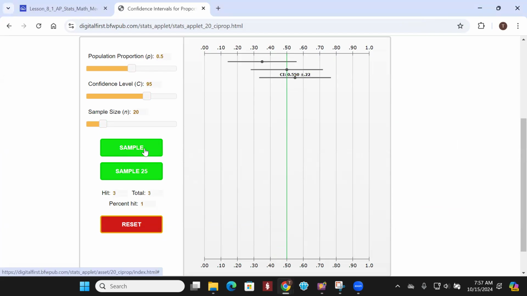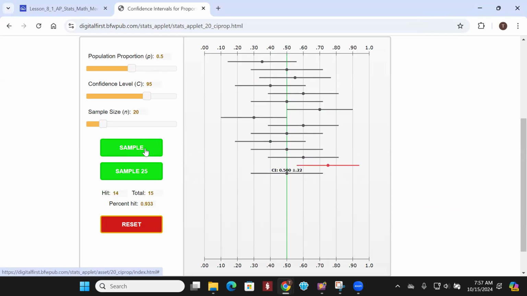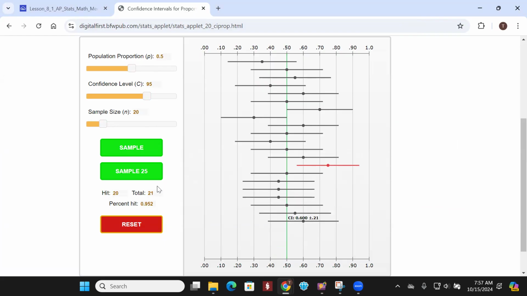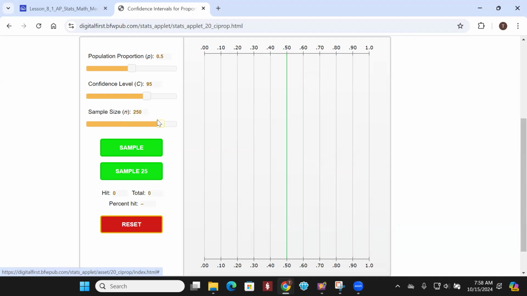So sample, sample, sample, sample. All right, so look at that. Versus a sample size of 250. And we sample, sample, sample, sample. What do you notice? From if our sample size is 20 versus our sample size is 250, what do we have?